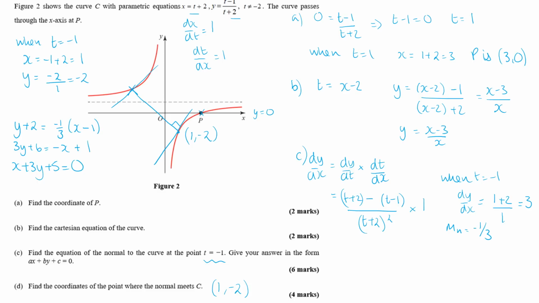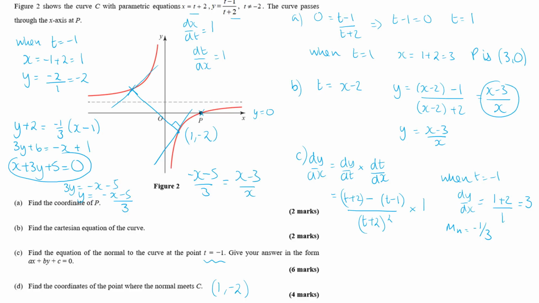So what we need to do is rearrange the equation of the normal for y as the subject. So 3y will equal minus x minus 5. Y will be minus x minus 5 all over 3, and equate that to the equation of the curve, which was over here. So let minus x minus 5 over 3 equal x minus 3 all over x.